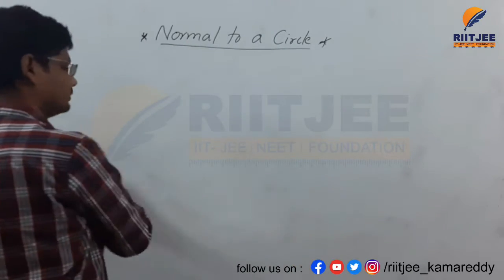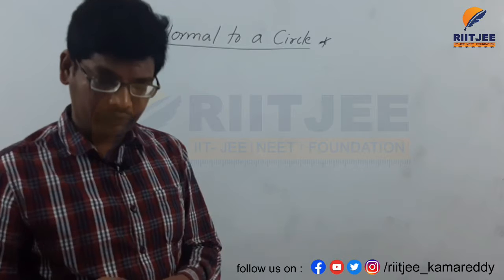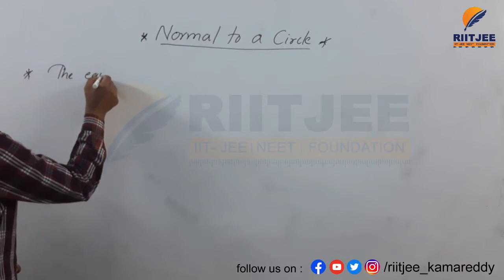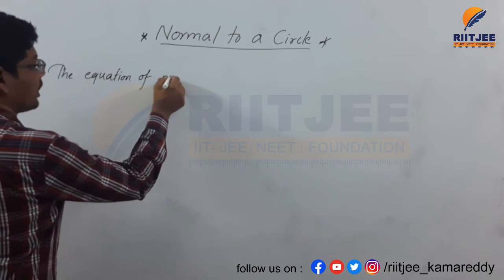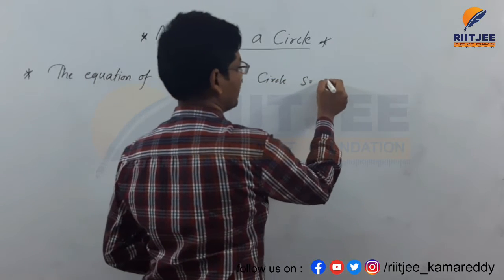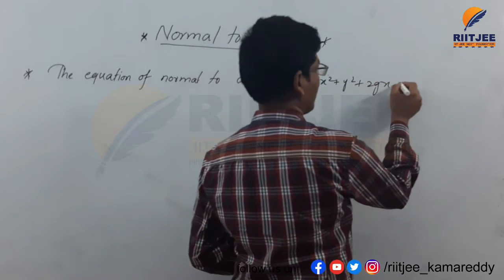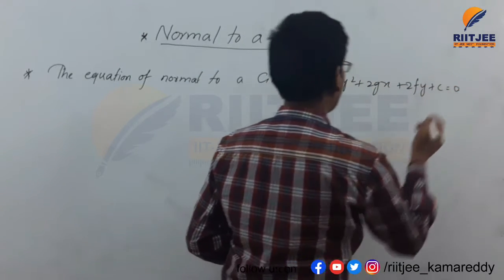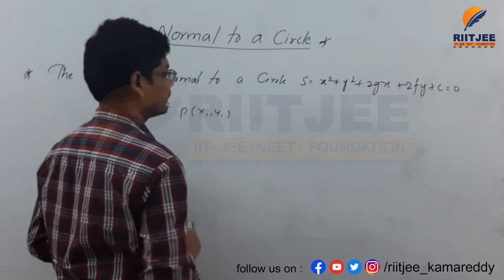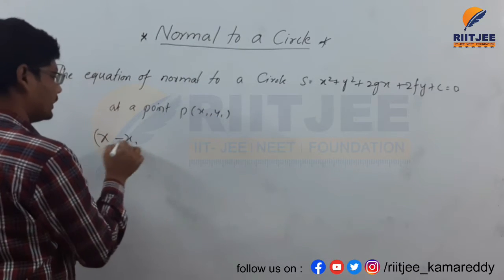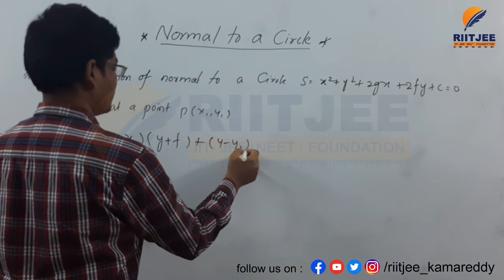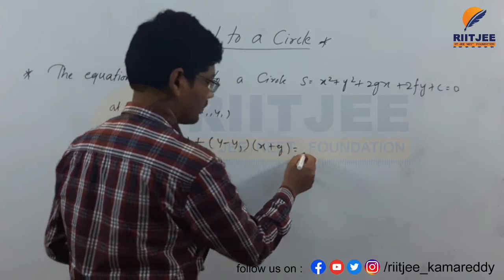The first point: the equation of normal to a circle S equals x square plus y square plus 2gx plus 2fy plus c equals 0 at a point P(x1, y1) is (x minus x1)(y plus f) plus (y minus y1)(x plus g) equals 0.